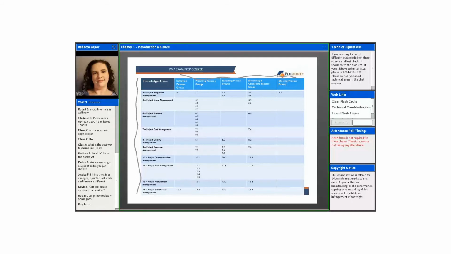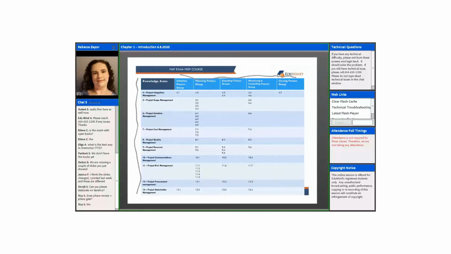Project integration management touches all 5 process groups. There's 1 in initiating, 1 in planning, 2 in executing, 2 in monitoring and controlling, and 1 in closing. Incidentally, project integration management is the only one that crosses all 5 of the process groups.